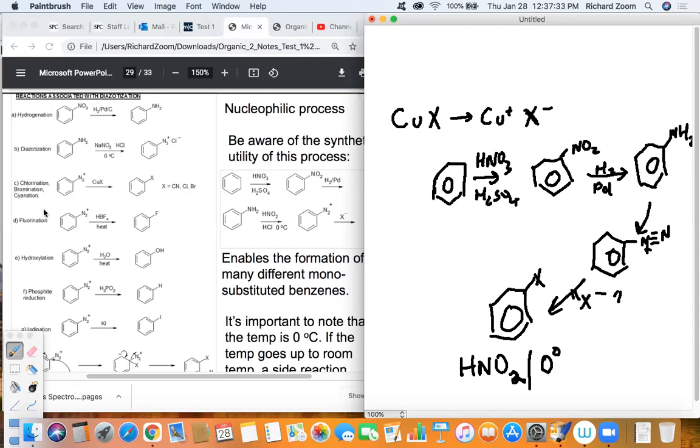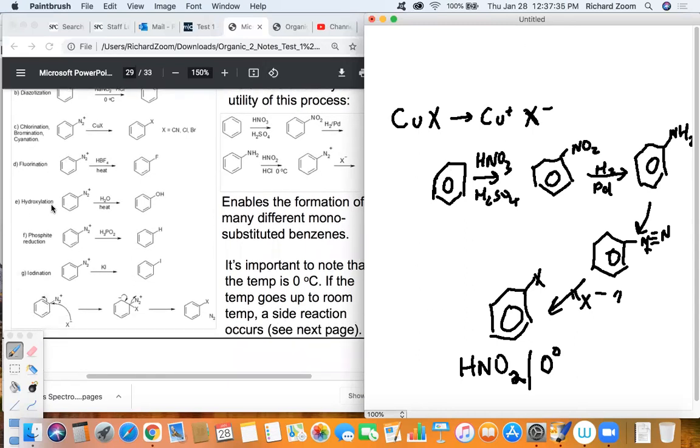The mechanism of the X minus reacting with the N2 plus, you can see it on the bottom of the screen, where the X minus comes in, the electrons jump on the atom next door to the N2 plus, and then the minus comes in and kicks out the N2 plus.